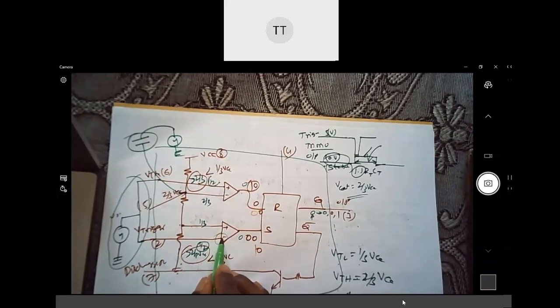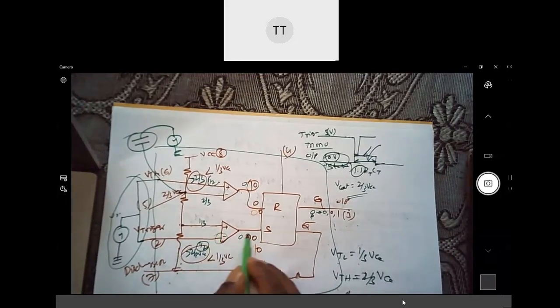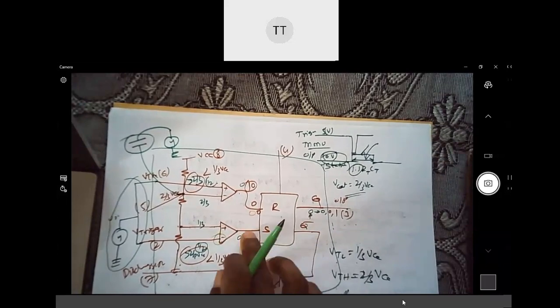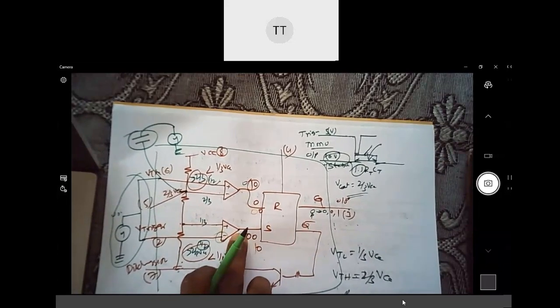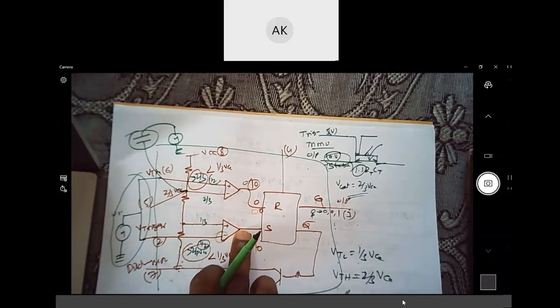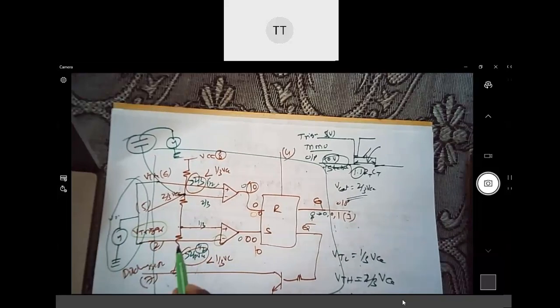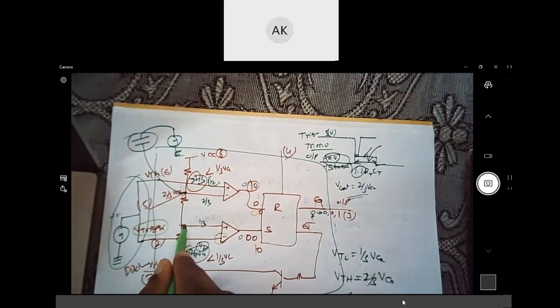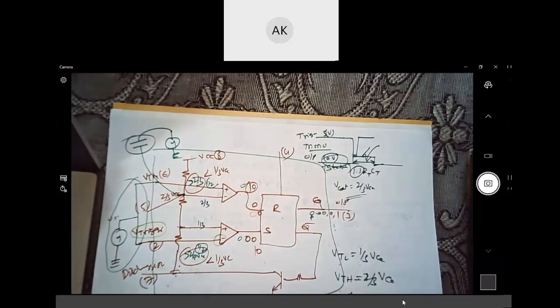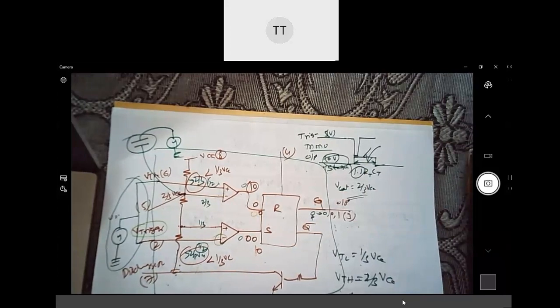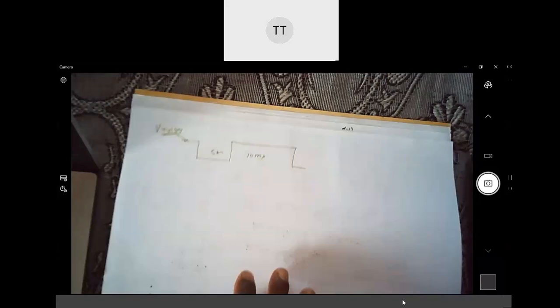Since this voltage is lesser than VTL, what will be the output there? Will it be 1? That is 1, VCC. Meaning, as long as the trigger is lesser than VTL, the output is always high. Note this point.